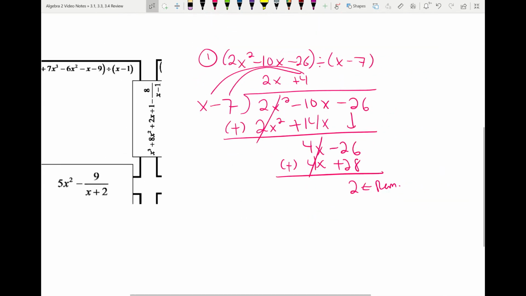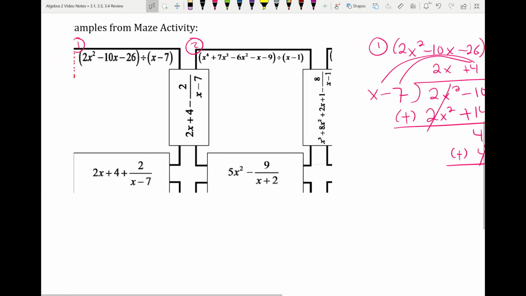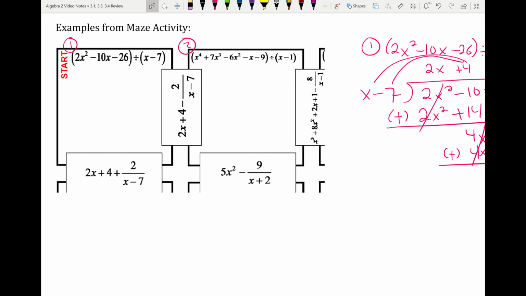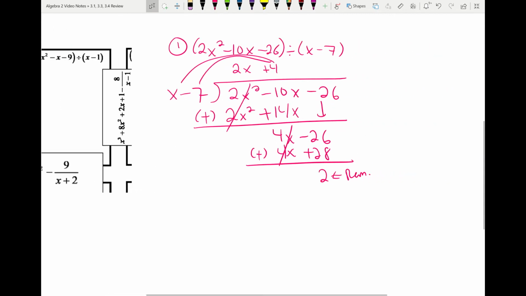Okay, so we're going to put this in the maze. They want it in quotient form. So if you notice these two things, these are in quotient form.